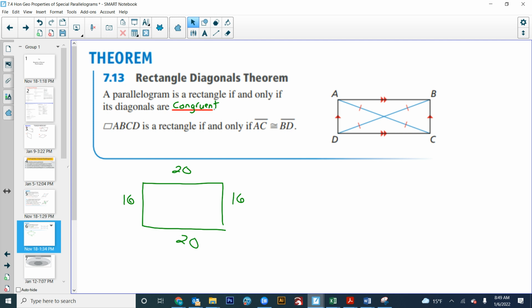Who votes no? Who votes maybe? Okay. Listen for it. What do I have right now? Two pairs of opposite sides that are congruent. Right now it is a parallelogram. Do you agree? Right now it's a parallelogram.